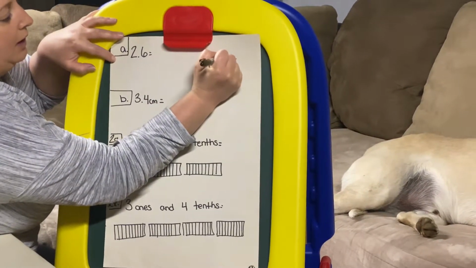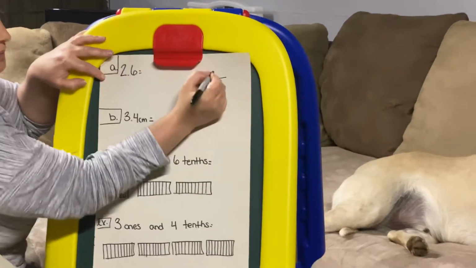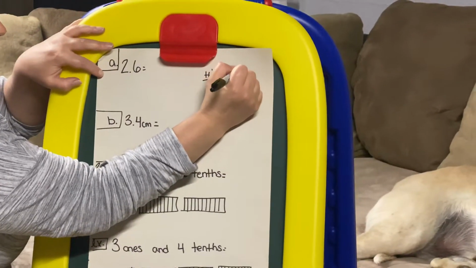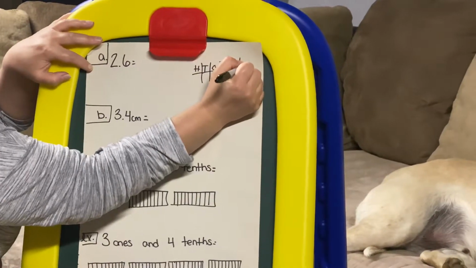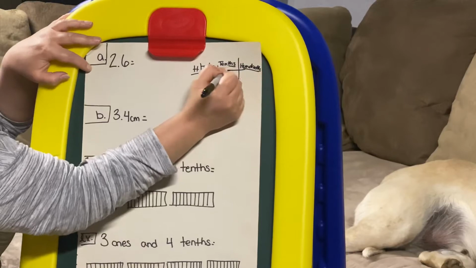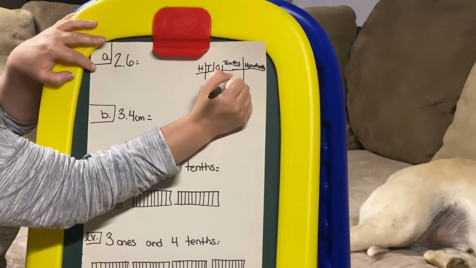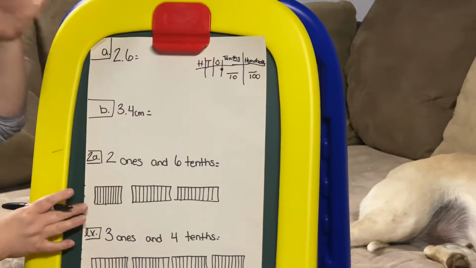We had ones, tens, hundreds, and then behind it we had tenths and hundredths. Don't forget that THS at the end. Our decimal point is right here, and this was over 10, this was over 100, just like we were practicing from the other day.